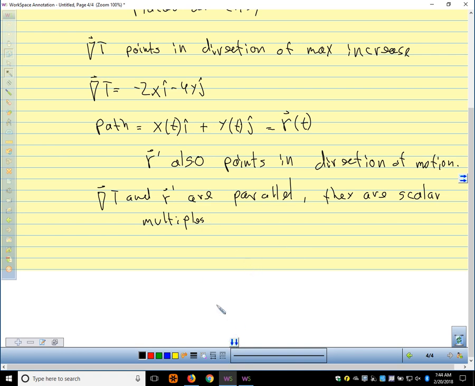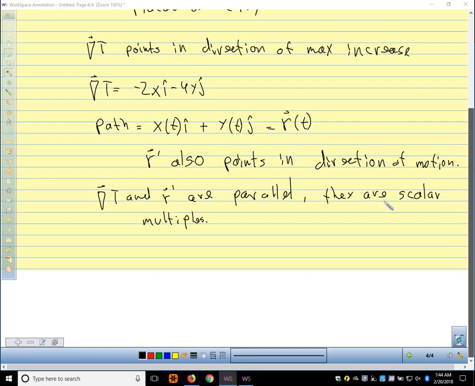So I can say that del T, I'm going to multiply by my constant here, c times del T equals r prime. So I can say c times minus 2x i hat minus 4y j hat.